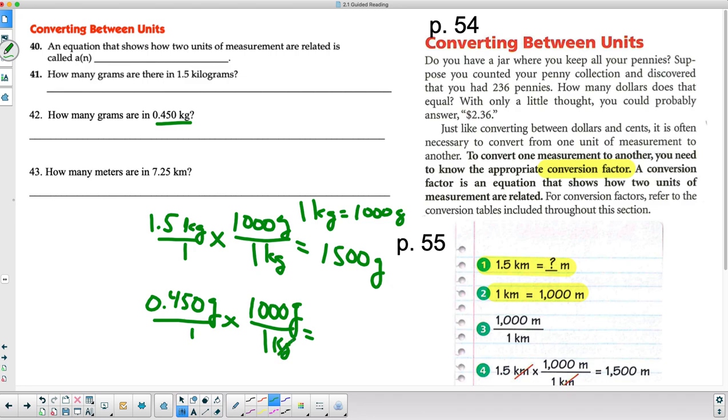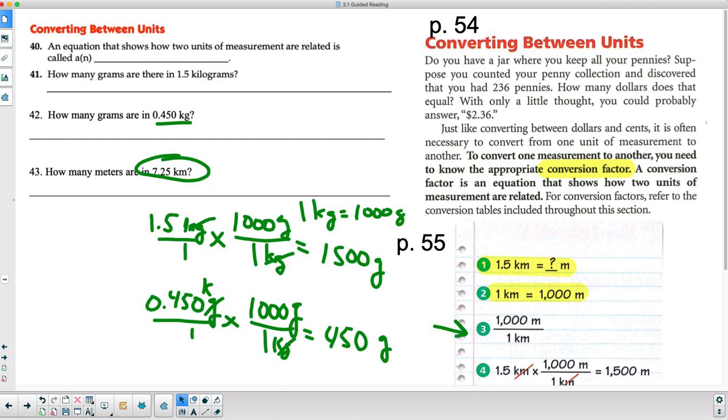And that equals, notice I can cancel the kilograms. So 0.450 times 1,000 is 450 grams. I'm going to let you figure out how to do the last one at 7.25 kilometers. Okay, you're going to use the same steps that we did for this. Good luck. I hope you do well.